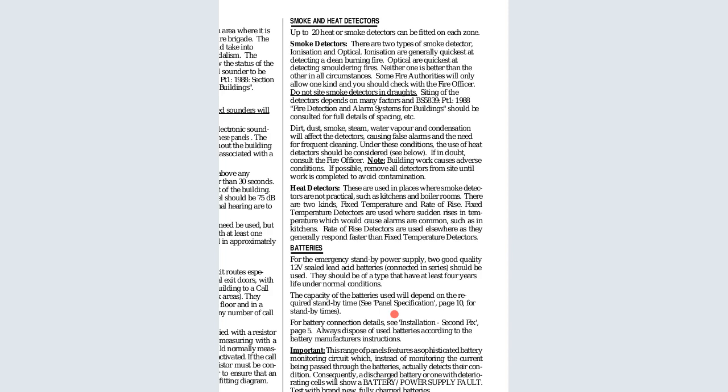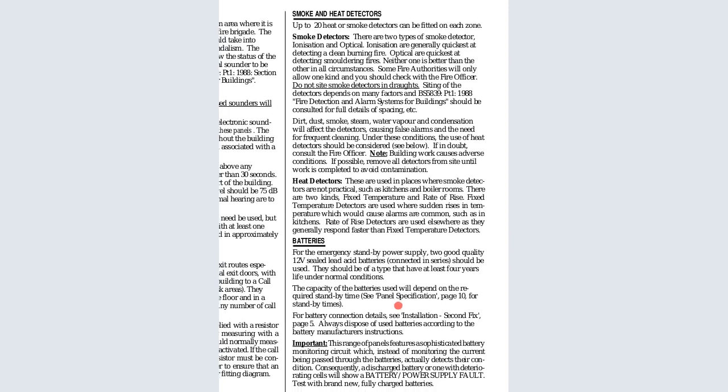We have the fixed temperature and the rate of rise. The fixed temperature detectors are used where sudden rises in temperature are common, such as in kitchens. And the rate of rise detectors are used elsewhere as they generally respond faster than fixed temperature detectors.